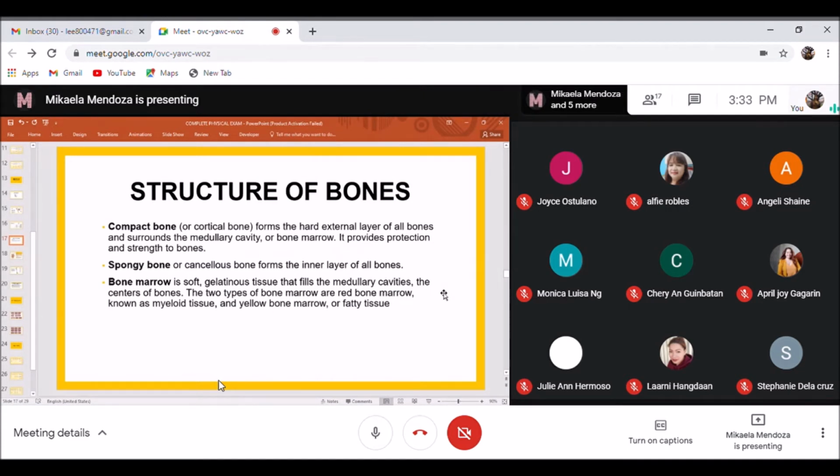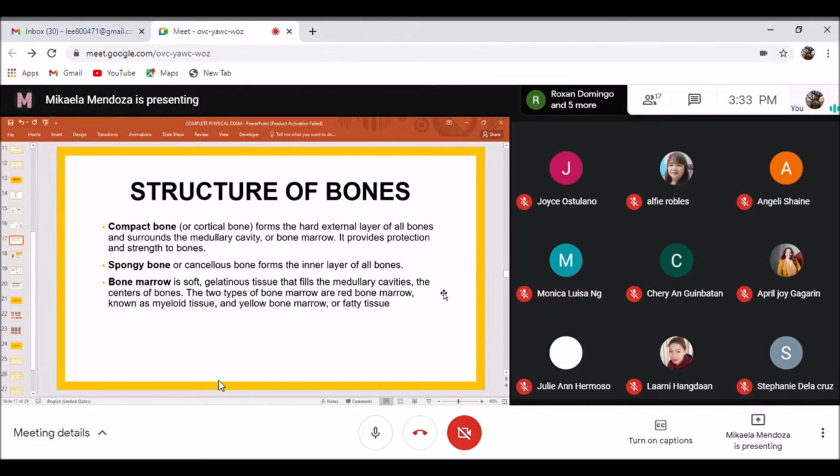Compact bone forms the hard external layer of the bones and surrounds the medullary cavity or bone marrow. Its function is to provide protection and strength to the bones.